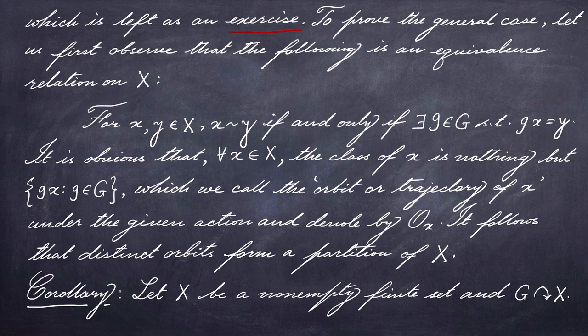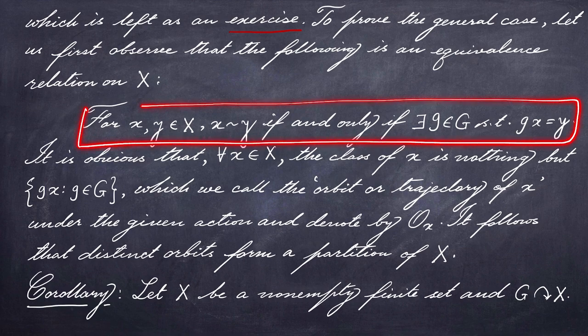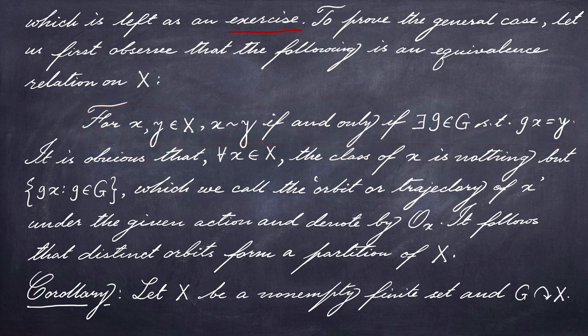If we consider this relation, then this relation happens to be an equivalence relation on X, and so it's very natural to ask about the equivalence classes whenever there is an equivalence relation. It's also easy to see that for any x, the equivalence class of x is nothing but all the translates of that x. Okay, so that's evident from how the relation is defined.